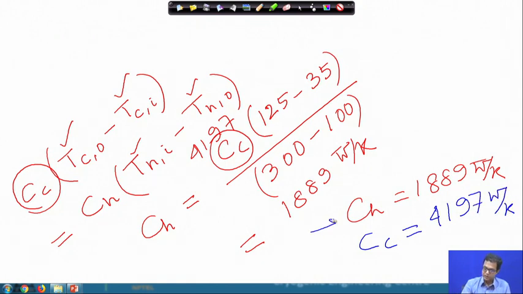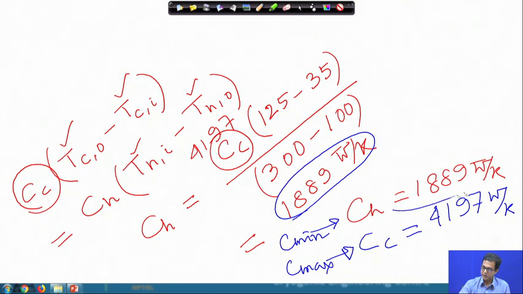So, this is the minimum capacity fluid, and this is the maximum capacity fluid. So, this is C_max and this is C_min. Here this hot fluid is the minimum capacity fluid, so it will experience the maximum difference in temperature.